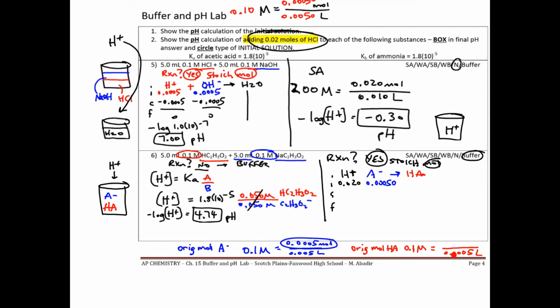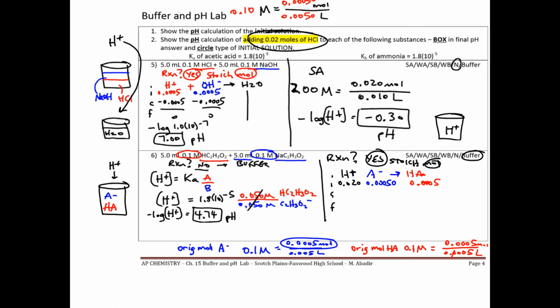That should just be 2 zeros. It's not erasing, so just cross it off. Sorry about that. And you're going to solve for the top, and that's going to be the 0.0005 moles. So that goes over here.